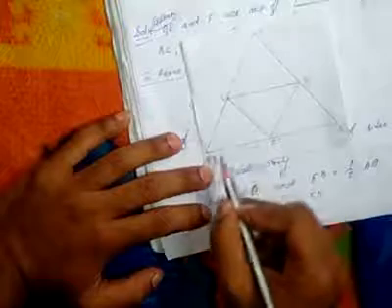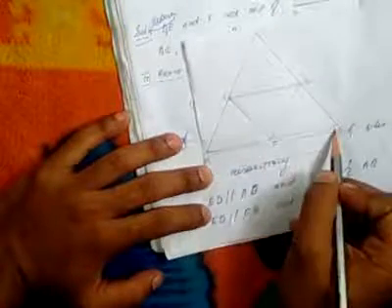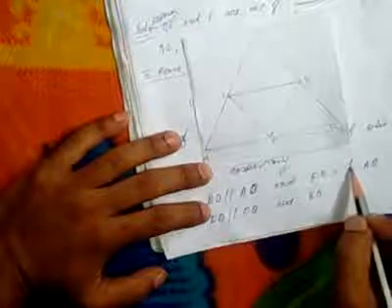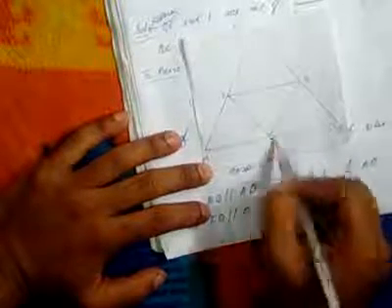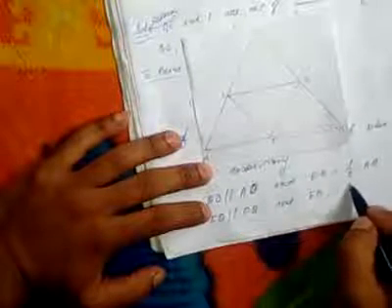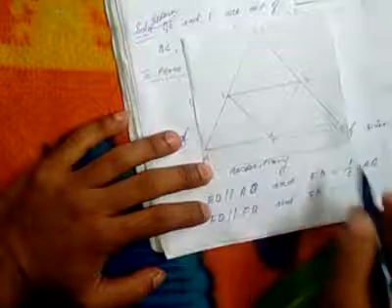This part is equal to this part. So in place of ED equal to half of AB, we can write FB. Half of AB means FB, isn't it?